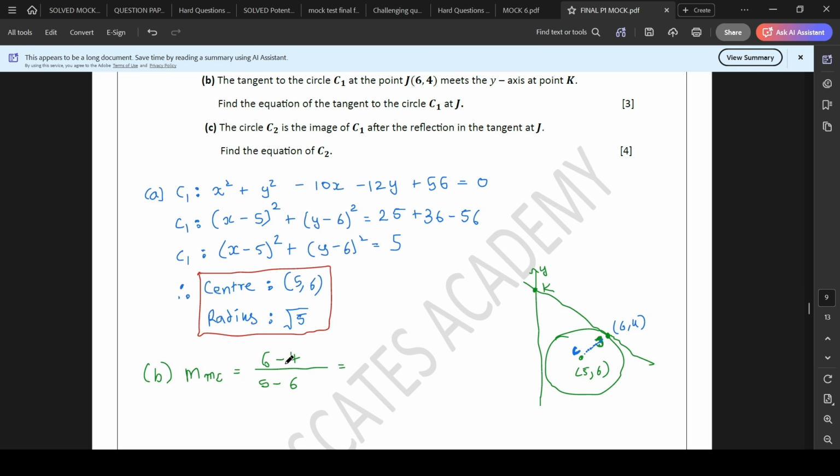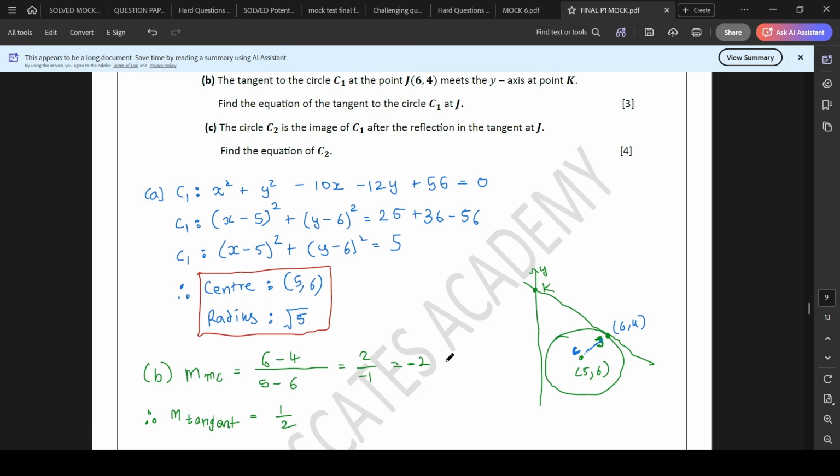So we are getting 6 minus 4 as 2, 5 minus 6 as minus 1. So this is minus 2. Therefore, the gradient of the tangent has to be the negative reciprocal of this, which is equal to half.